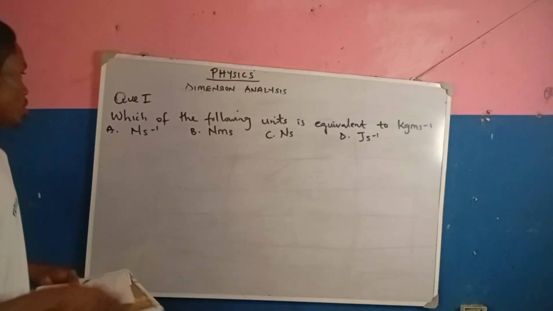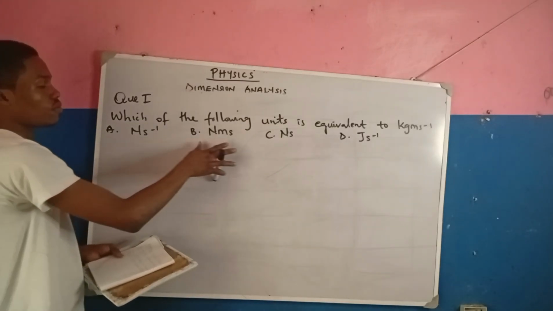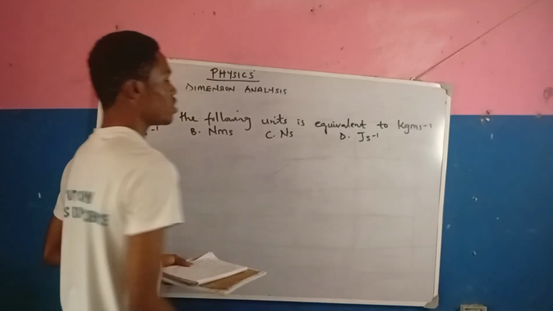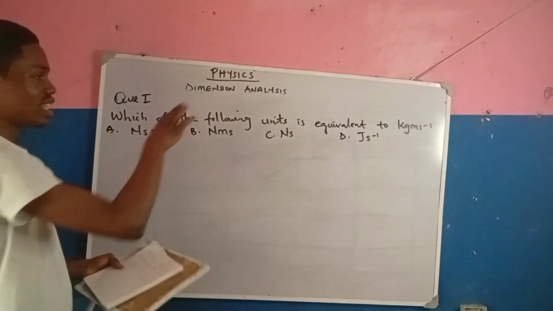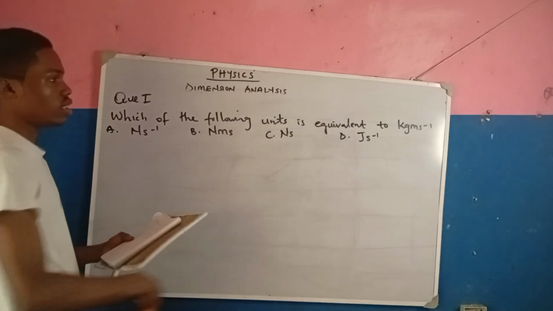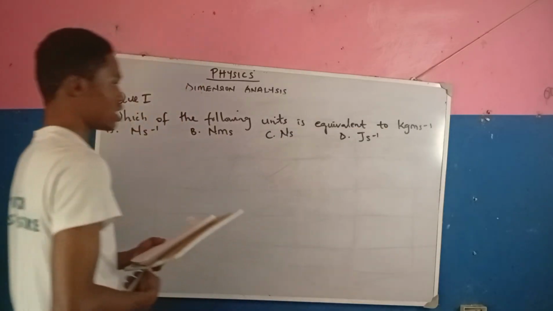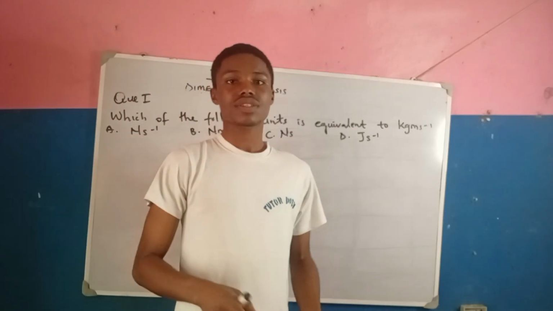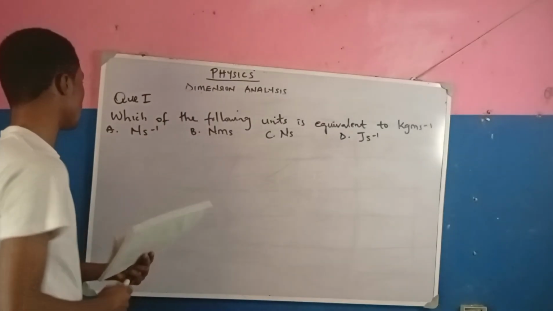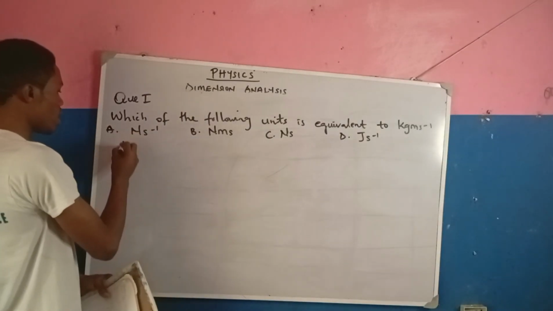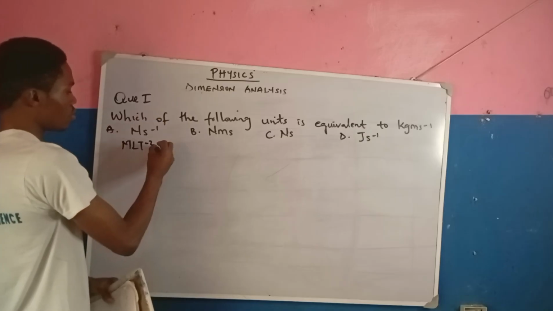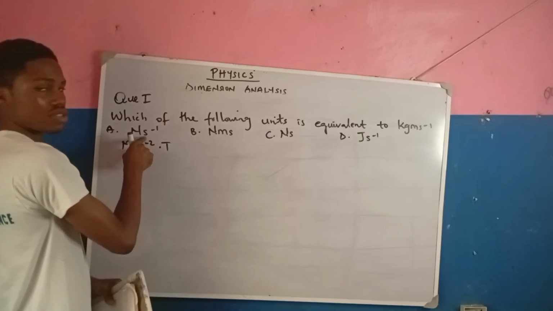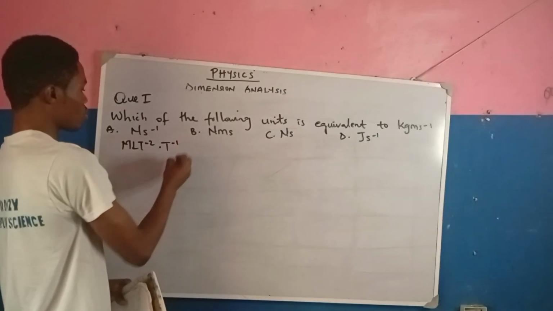Alright, we are going to solve for their dimensions to know if they correspond with the units that we have here, breaking them down one after the other. Let's solve. So here we have Newton, which is MLT^-2, times seconds, which is time, T^-1.